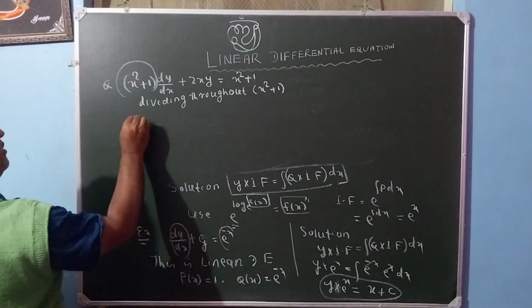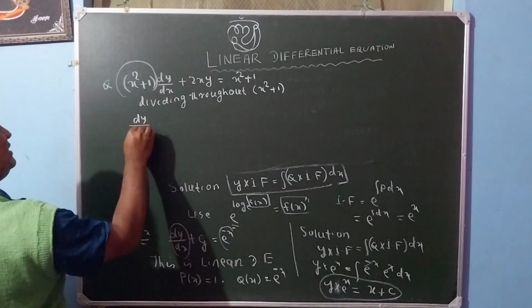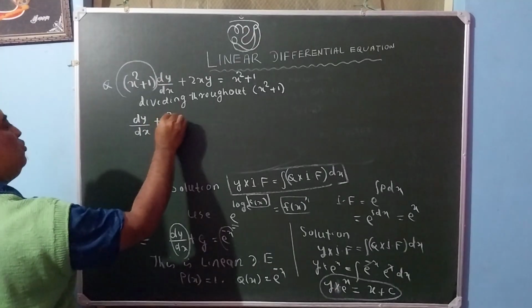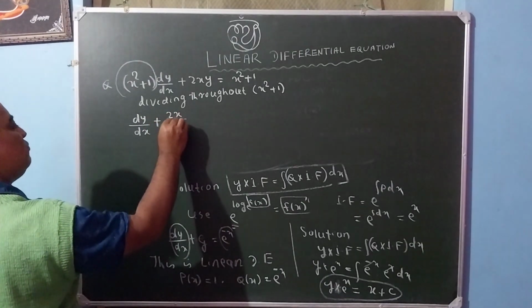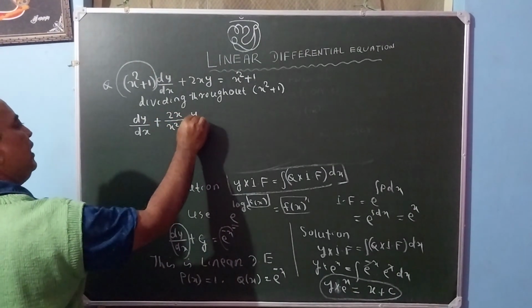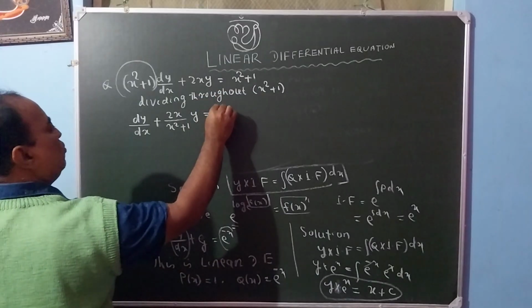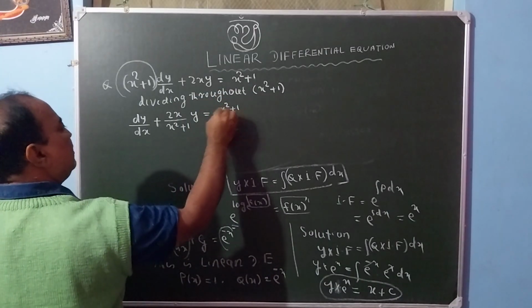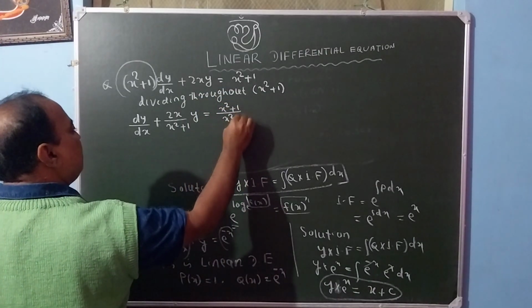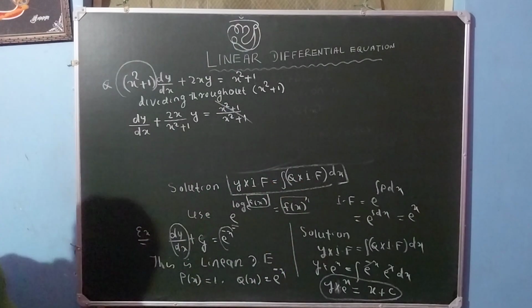So we get dy/dx plus 2x divided by x square plus 1 into y is equal to x square plus 1 divided by x square plus 1. This cancels.